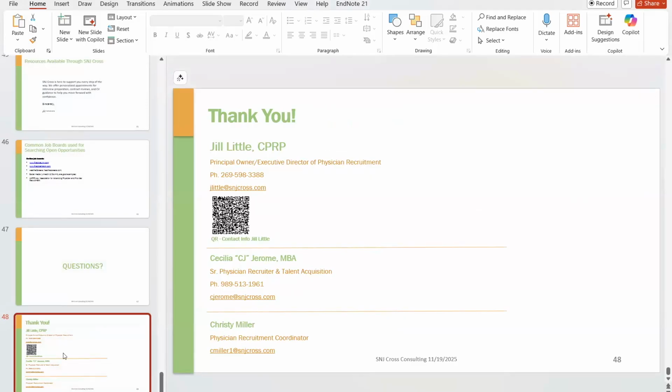CJ has spent most of her career between Covenant up in Saginaw as well as Mid-Michigan Hospital. So she's a great asset. I'm really fortunate to have her on the team. Between CJ and myself, we're here to answer questions for any of you. And then Christy is our assistant, and Christy's always helpful. If you can't get in touch with either one of us, Christy is another resource to make sure we get a message.